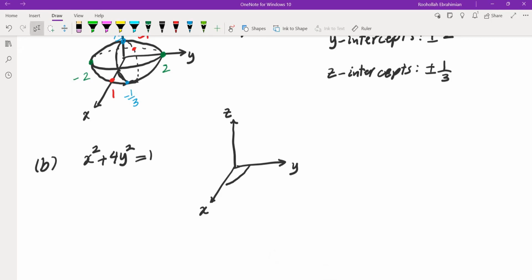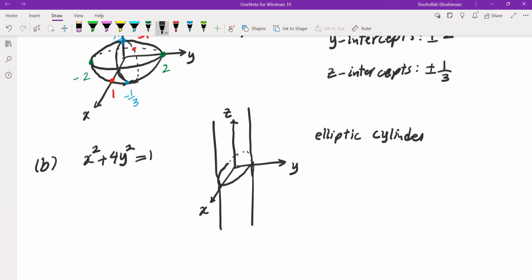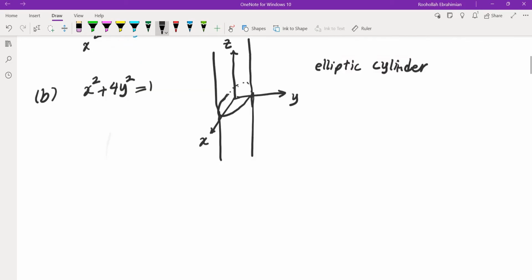So on the xy plane, we have an ellipse, and then we take this ellipse and basically move it up and down. So what shape is this? This is going to be a cylinder, but it is an elliptic cylinder because the cross sections are ellipses. So it's an elliptic cylinder. All of the cross sections parallel to the xy plane are ellipses.